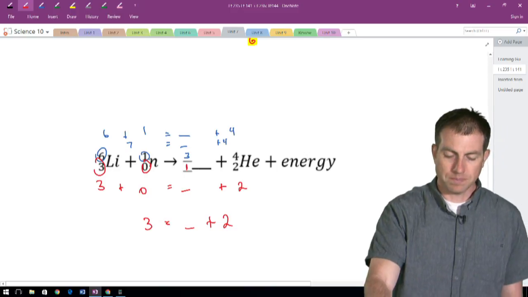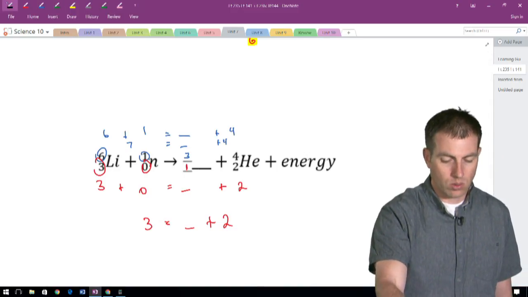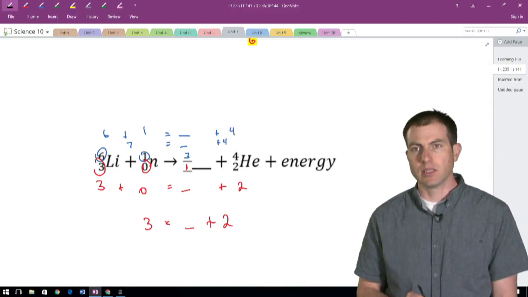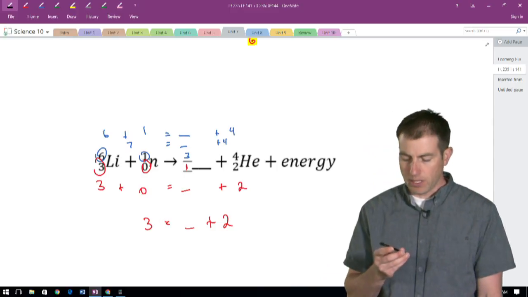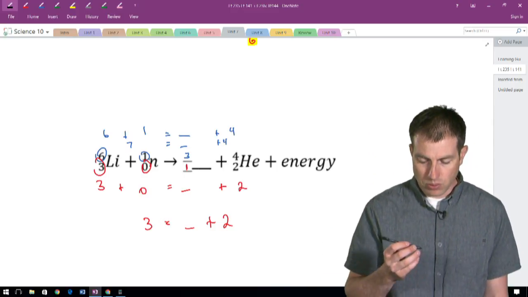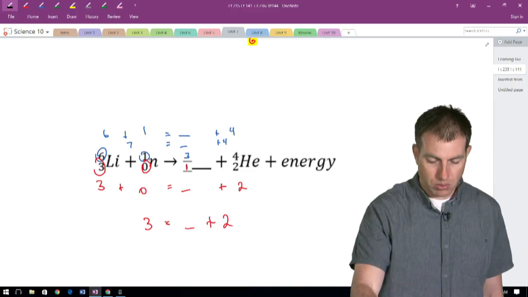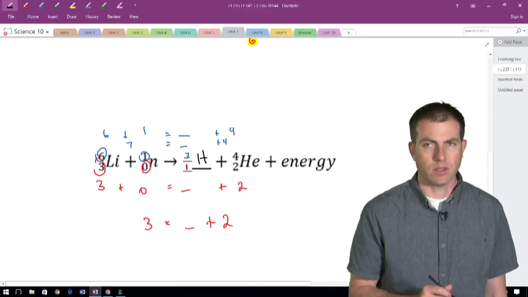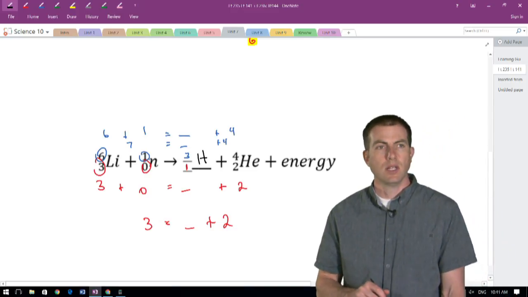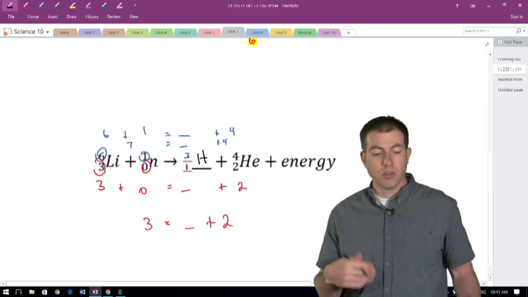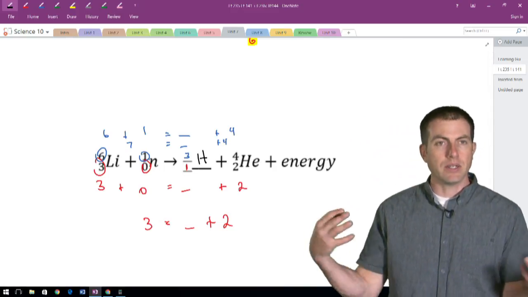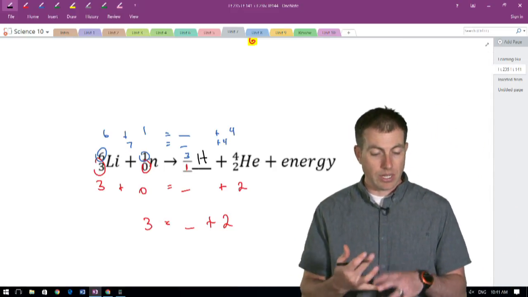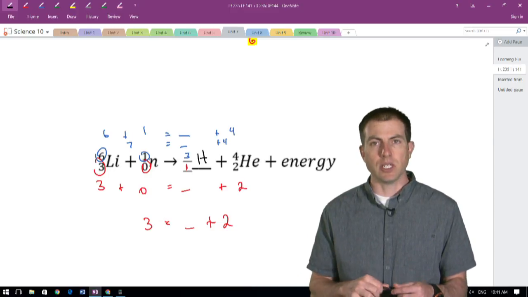So this is 1. So when I go and try to figure out what element it is, it's element number 1. And if you have to look that up, that's fine. If you know what element 1 is on the periodic table, you could just write it down as hydrogen. So when we undergo fusion, we can take lithium, add a neutron to it, and it produces hydrogen, some helium, and a bunch of energy.